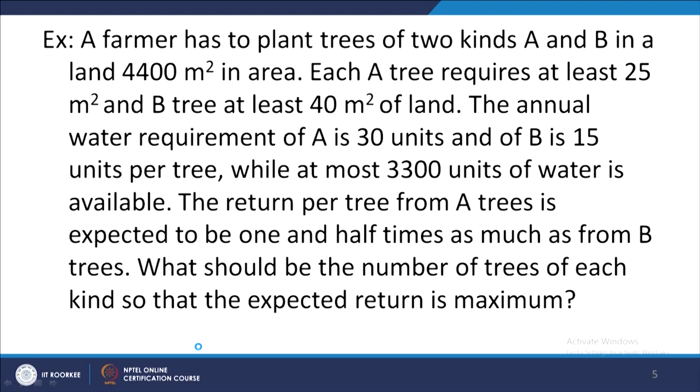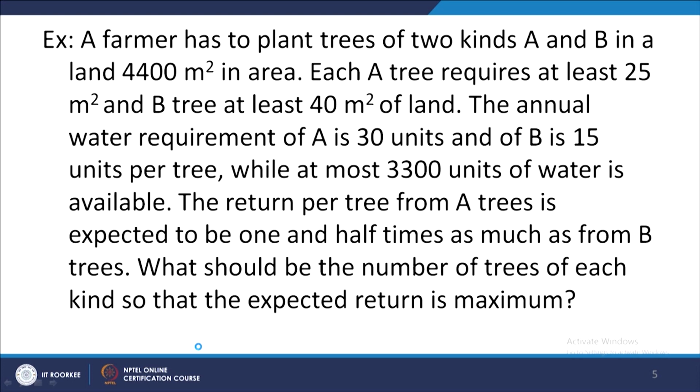Now, let us take a simple example to illustrate the two methods that we are going to study in this lecture. The first one is that a farmer has to plant trees of two kinds A and B in a land 4400 meters square in area. Each A tree requires at least 25 meters square and B tree requires at least 40 meters squares of land.